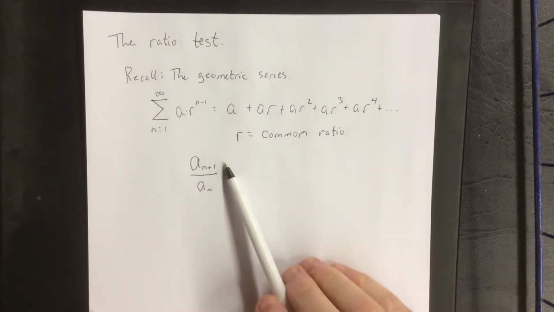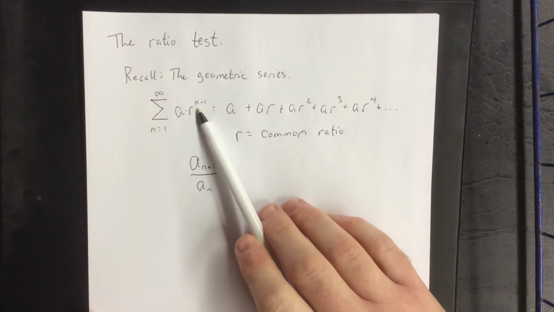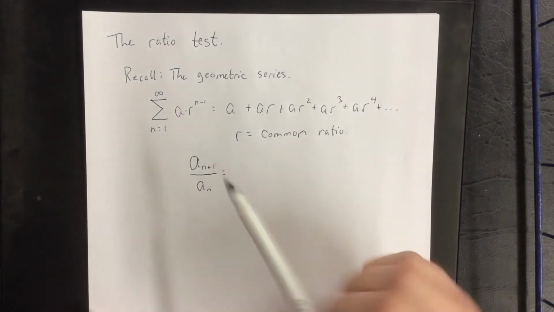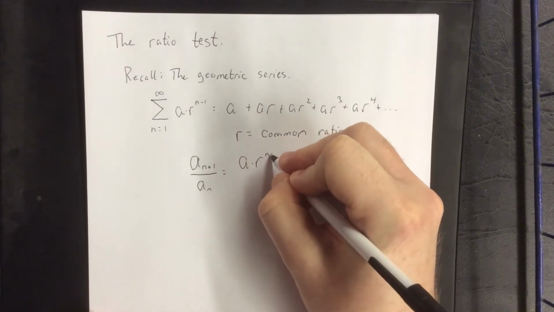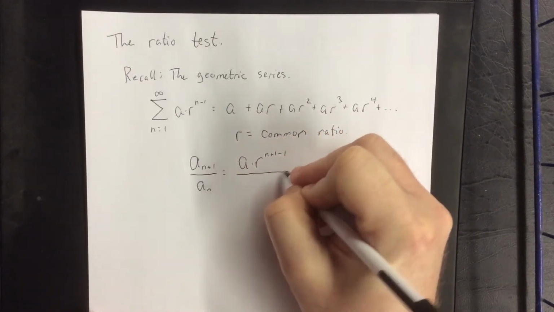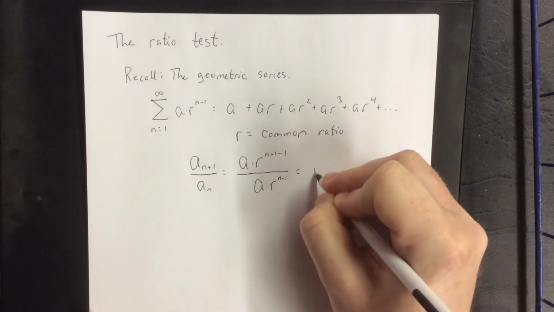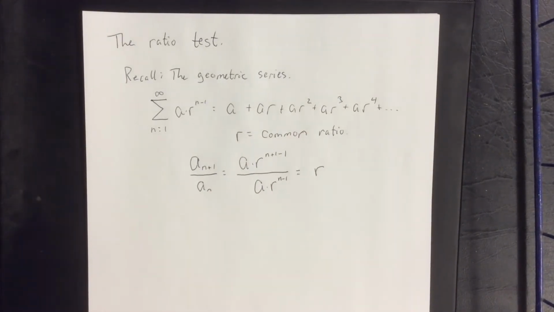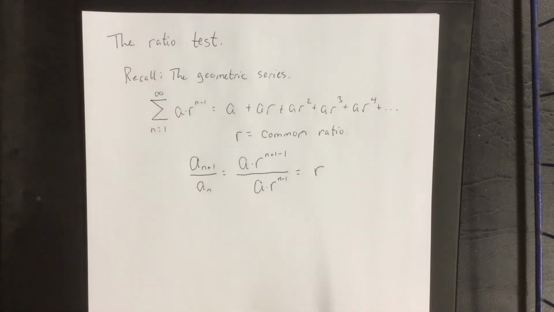Now by a sub n plus 1 and a sub n, I mean this expression that we would get when we plug in either n plus 1 or plug in n. So this would be a times r raised to the n plus 1 minus 1 power over a times r to the n minus 1. And a little bit of algebra lets us know that that is going to wind up being equal to r, which again we refer to as our common ratio. So the ratio of consecutive terms winds up being this value.